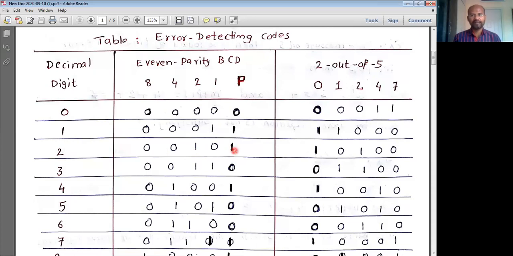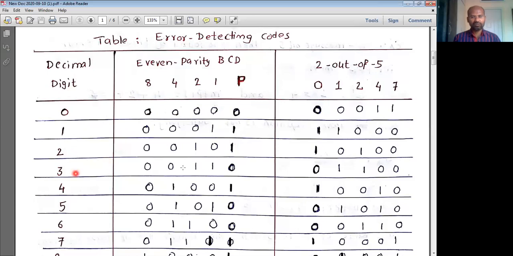That's how we send numbers, right? Even parity BCD contains 5 bits. These 4 bits are the actual BCD equivalent for the decimal digit.